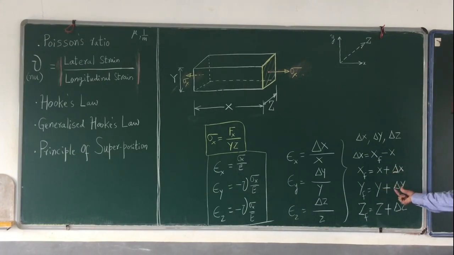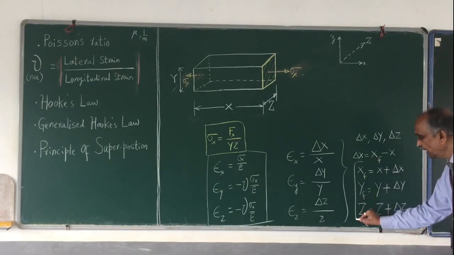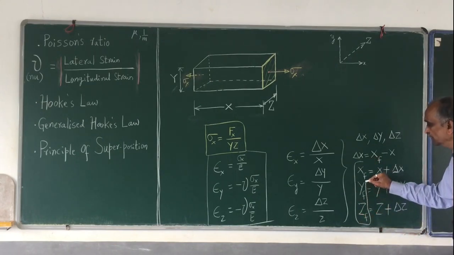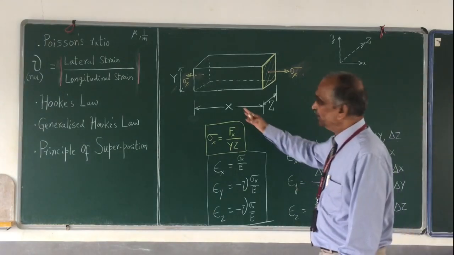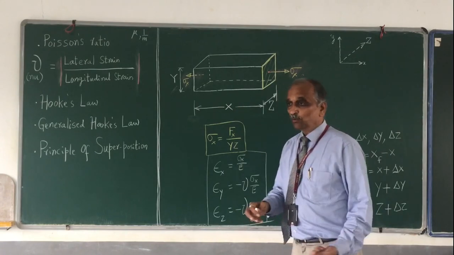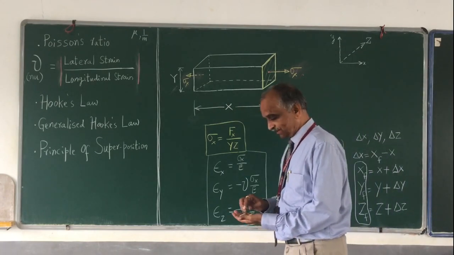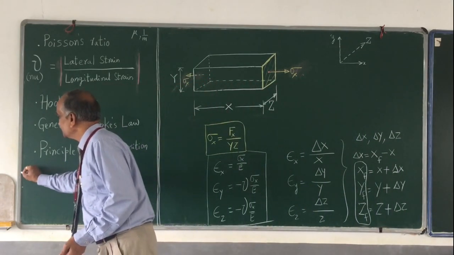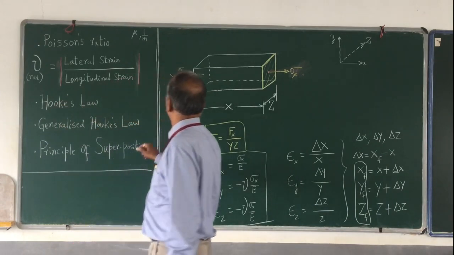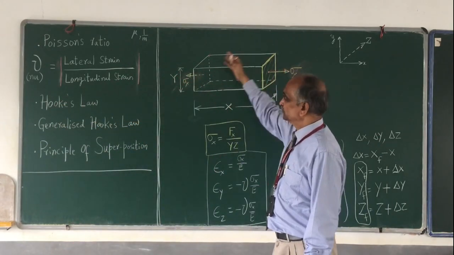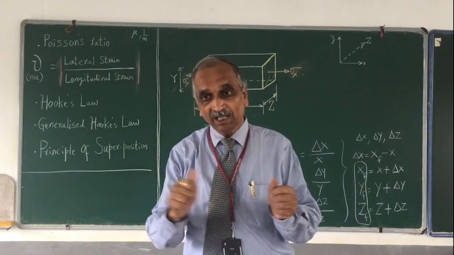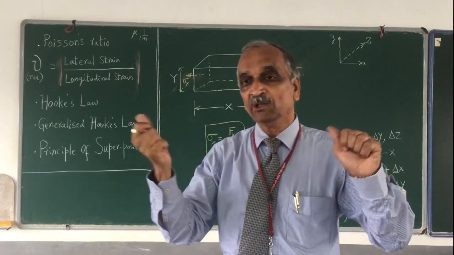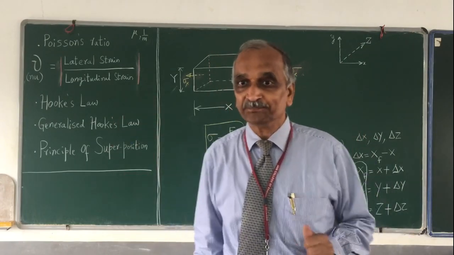It doesn't matter. You have to take the sign along and find out the dimensions in the x direction, y direction, and z direction. You can easily find out. And what will be the final volume? If I want to know the change in the volume, please remember, normal stresses will change the dimensions, but they will not change the shape of the body.